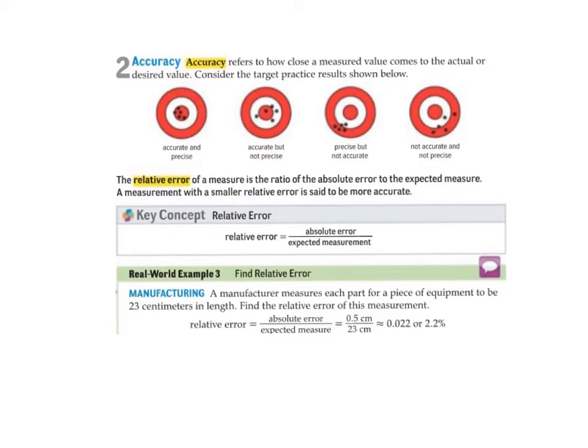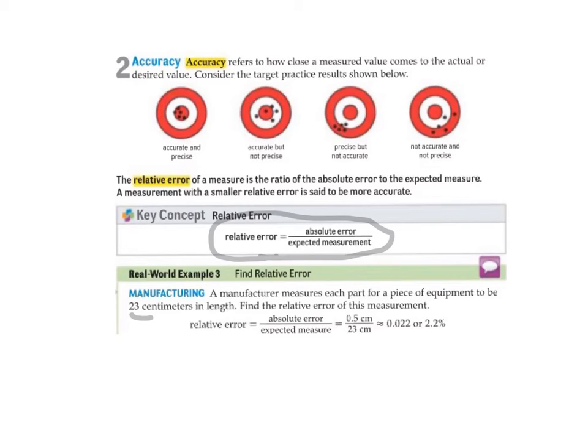Let's have a look at example 3, for accuracy and relative error. You've got a key concept: this is the absolute error. In other words, what degree of accuracy is it, the absolute value over the expected measurement. You've got 23, it tells you to be 23 centimetres.